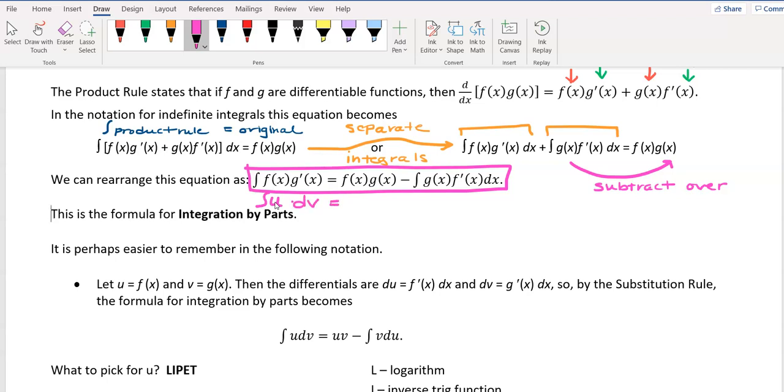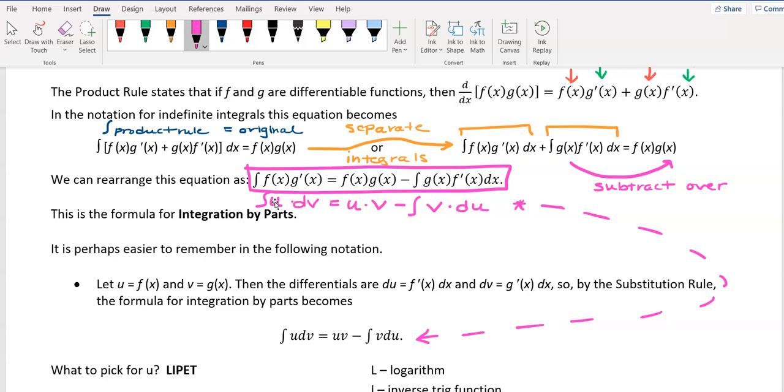This is equal to f, which is u, times g, which is v, minus the integral of g, which we have as v, times the derivative of f, which would be u, so that's du.